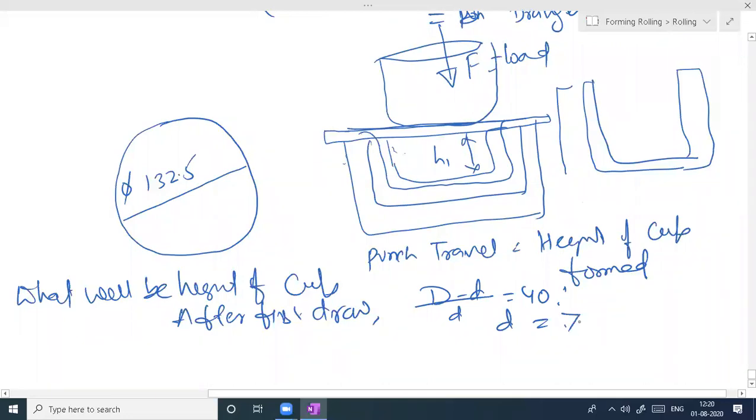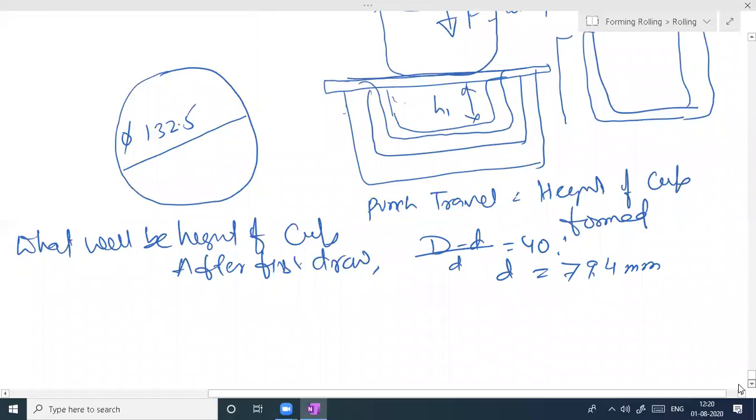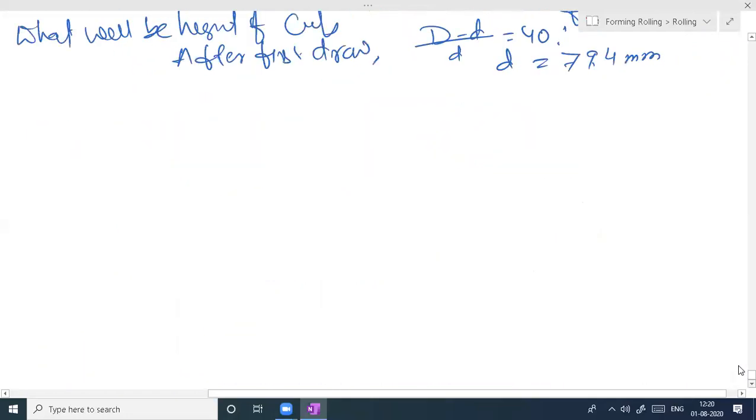79.4 mm, right? Because it is clearly mentioned that the first draw is 40% reduction, percentage reduction.